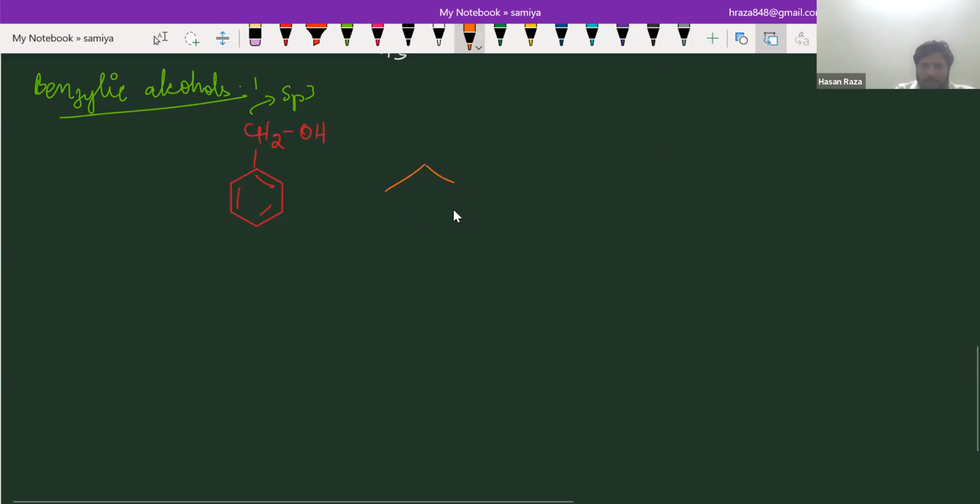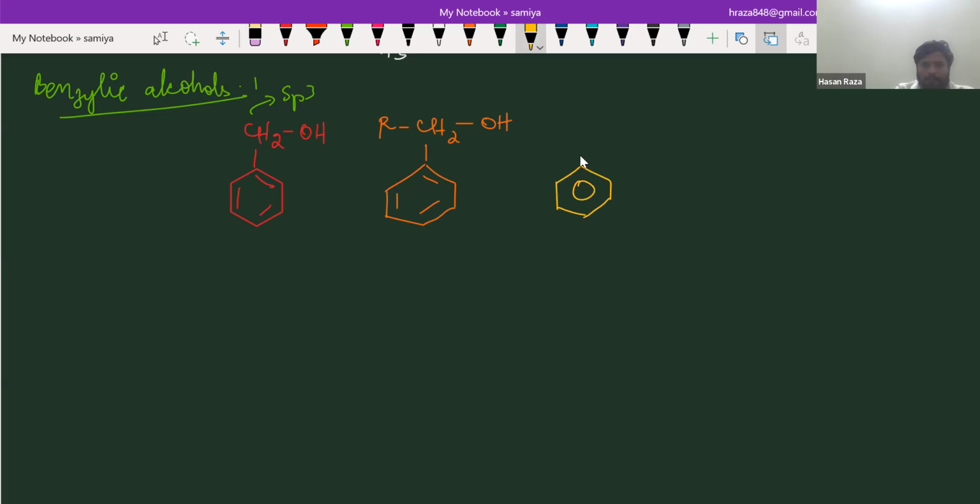In the same way, I can write this, this is also benzylic alcohols. And in the same way, I can write C, then OH, then R dash.